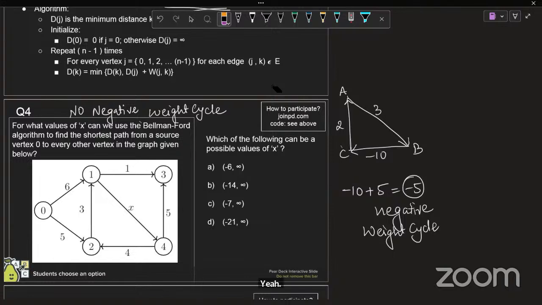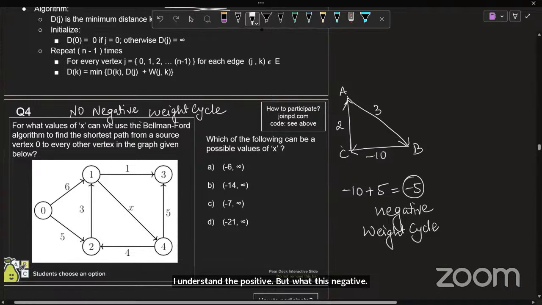Sir, could you please explain what this negative 5 represents? What does a negative weight cycle mean? I've already explained. See, this is a cycle.